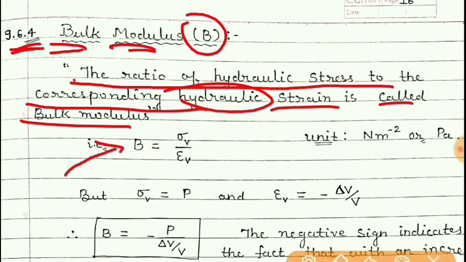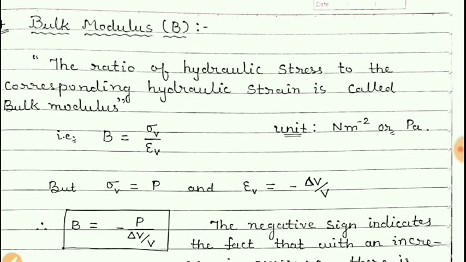Symbolically, we can write B is equal to hydraulic stress, or you can say volume stress, upon hydraulic strain, or you can say volume strain. And what is volume stress and volume strain? That we have already studied in our previous chapter, previous topics. So B is equal to sigma V upon epsilon V.